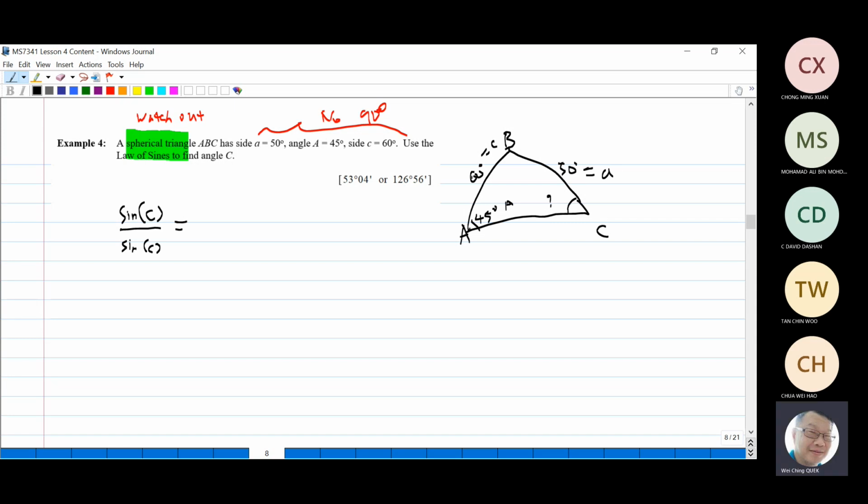Side B. So I can use the sine rule: sine of angle A over sine of side A.